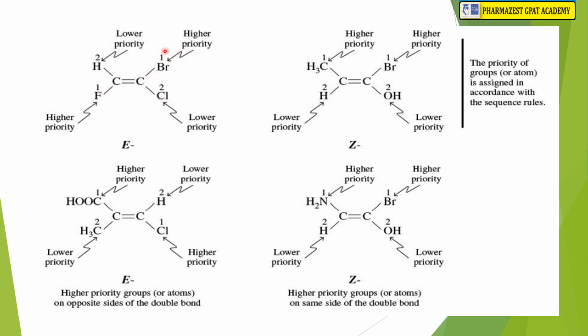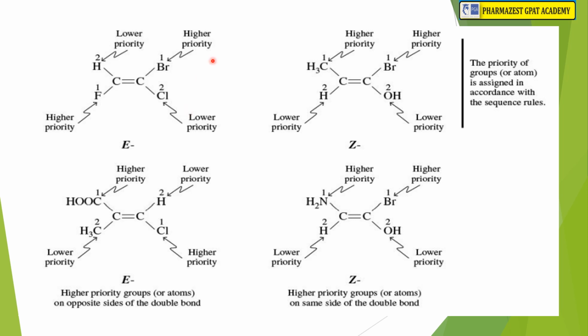Okay, here the priority number is given based upon the atomic number, that is the highest atomic number is given highest priority over the lower. Here obviously fluorine gets the first number and hydrogen is given the second number. Okay, as here if we see, 1 and 2 are different, that is the highest priority numbers are on opposite sides, so it is known as entgegen.